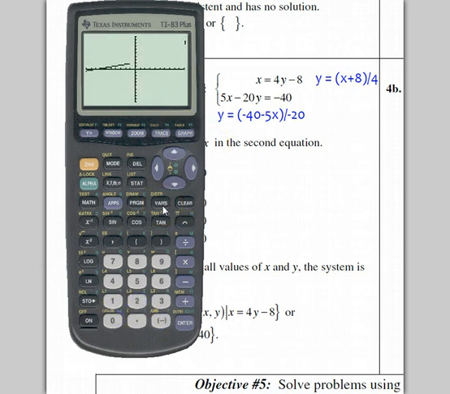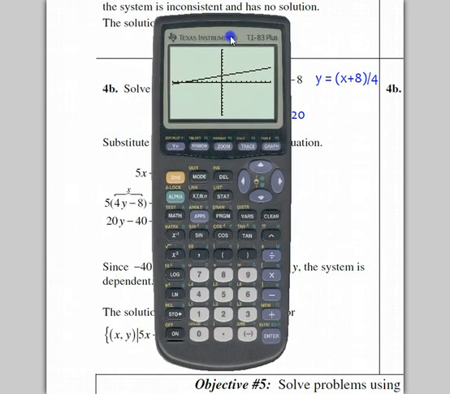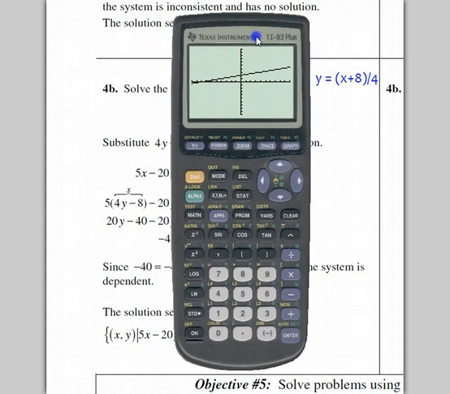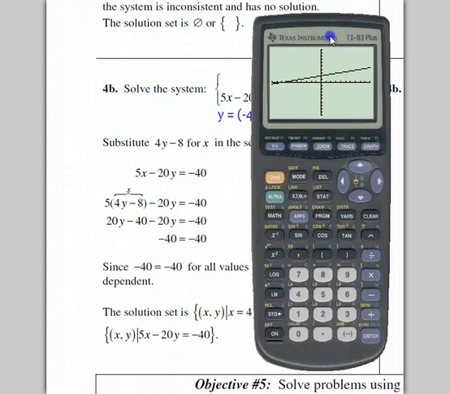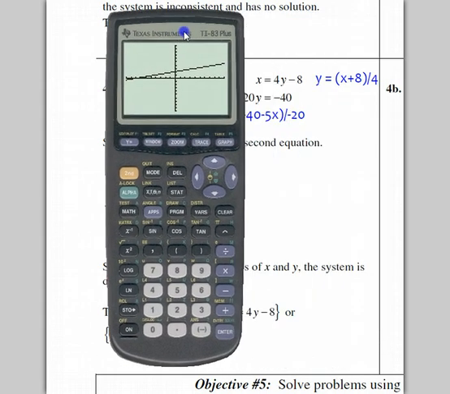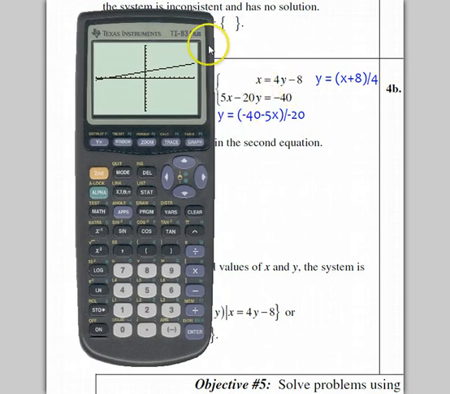Graph it. So I see that it's the same line on top of the other. So this is a dependent system. In this case, the solution would be the set of (x, y) that satisfy any of these equations.